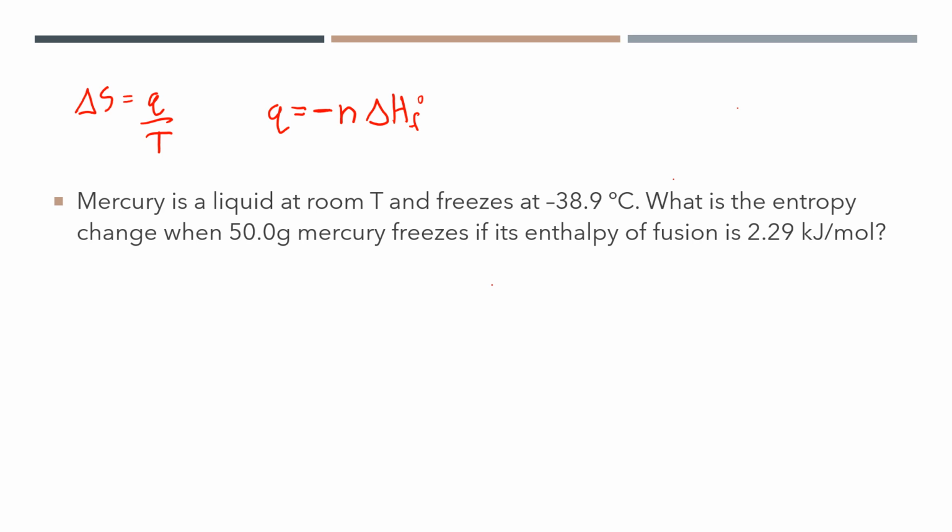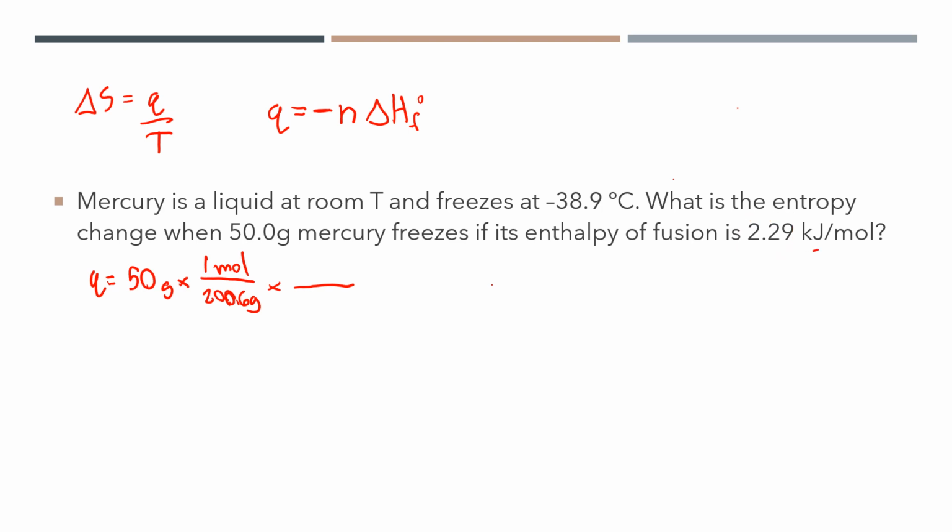Now let's plug that in down here. We have Q equals 50 grams. We have to convert that into moles. So 1 mole of mercury is 200.6 grams. Then we can multiply that by our enthalpy of fusion, which is 2.29 kilojoules.